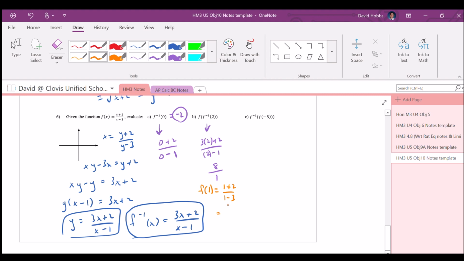Did I do this correctly? 6 plus 2 is 8 over 1. Yeah, and it's not f of 1, is it? It's supposed to be f of 8. Sorry, let's try that again.